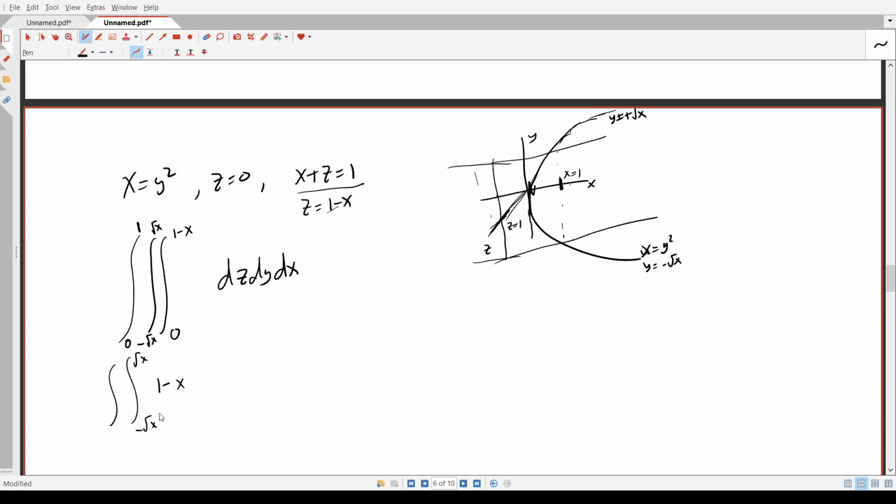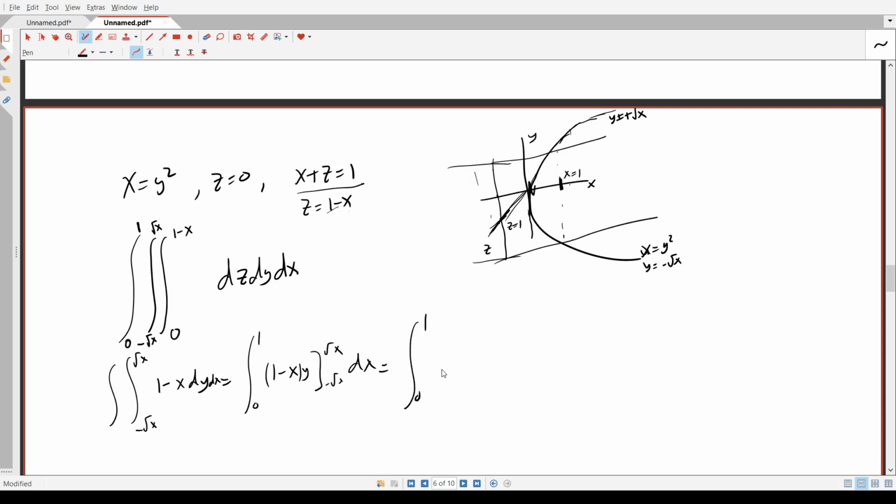Okay, so then I integrate this with respect to y. So I get from 0 to 1, 1 minus x times y from minus root x to root x.